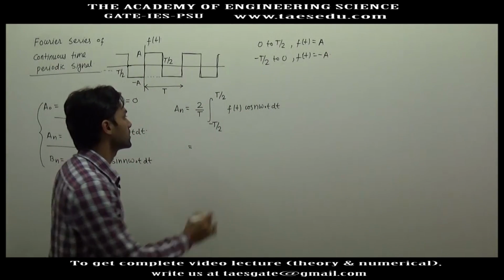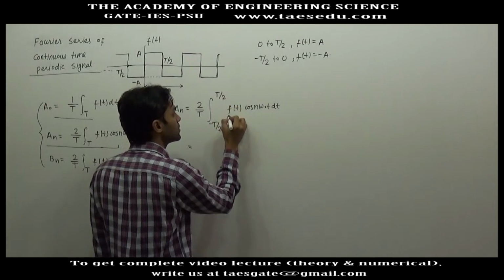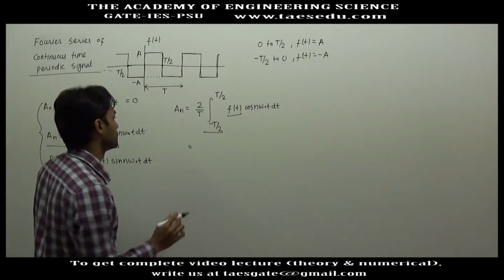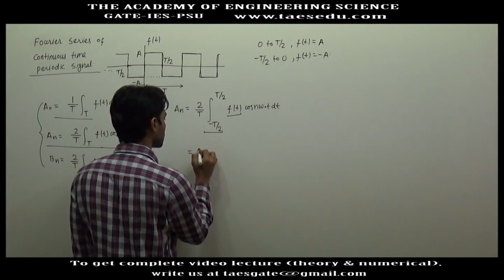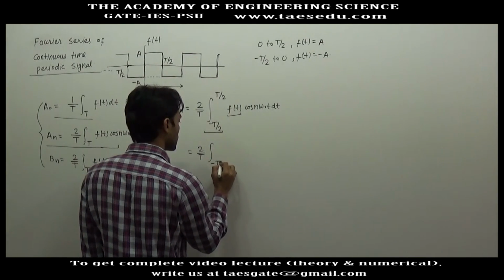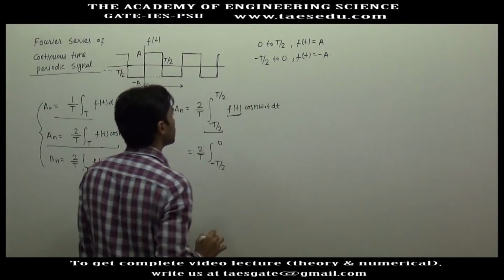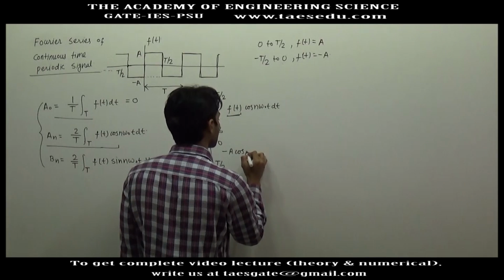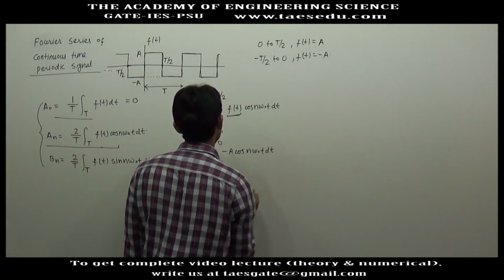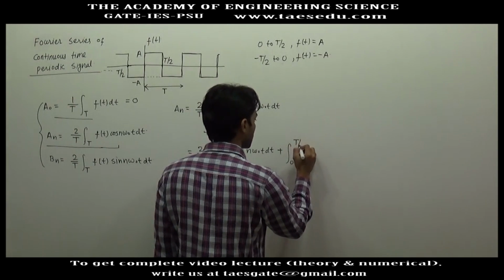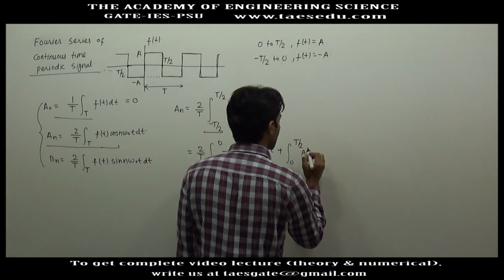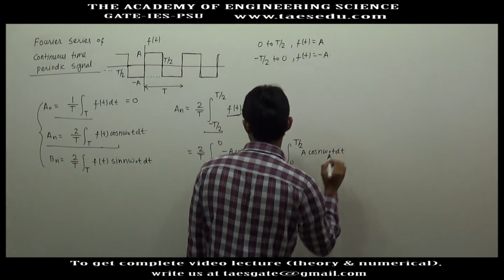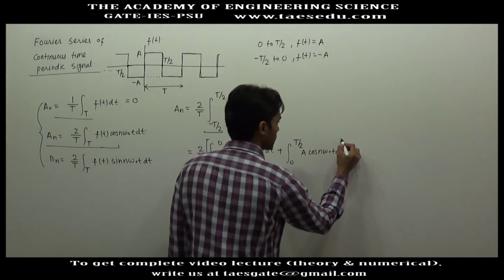So in this whole duration f(t) takes two values, so we have to break this integration into two parts. 2 by T, the first part will be minus T by 2 to 0, where the value of f(t) is minus a, cos n omega naught t dt, plus 0 to T by 2, where the value is constant at a, cos n omega naught t dt, and 2 by T is multiplied with both terms.